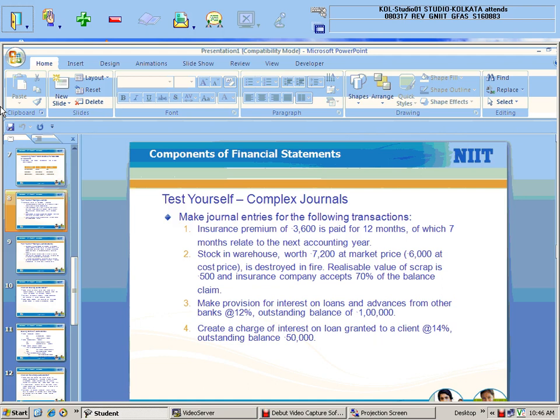So it's a prepaid expense. So cash paid out is 3,600. I'm not doing the journalizing yet, I'm just looking at the accounts involved. Cash of 3,600 paid, of which 1,500 relates to the insurance expense for the current year, and 2,100 is a prepaid expense.